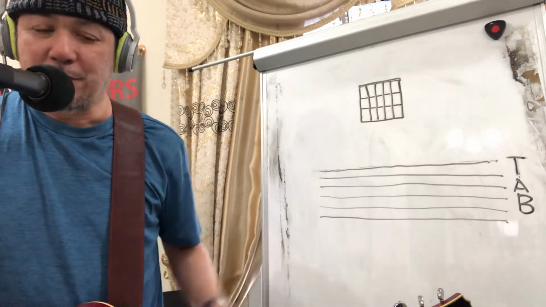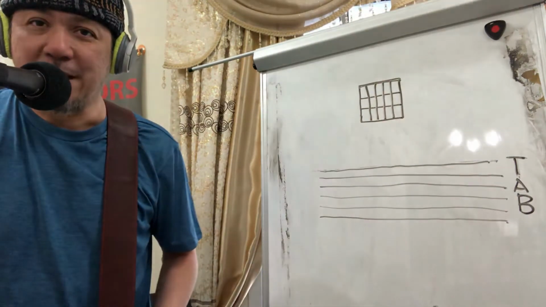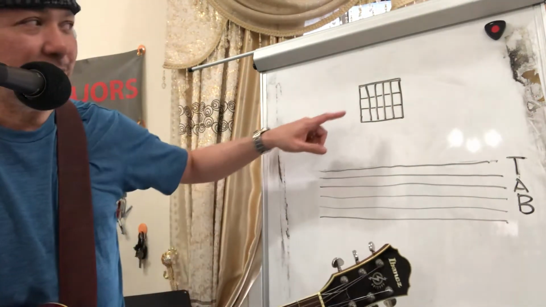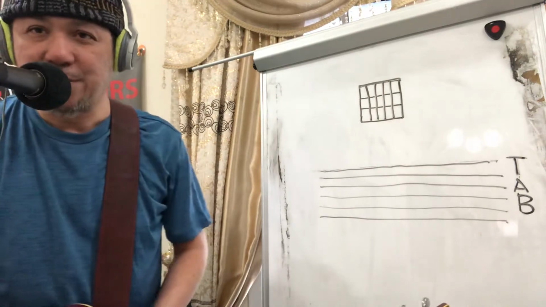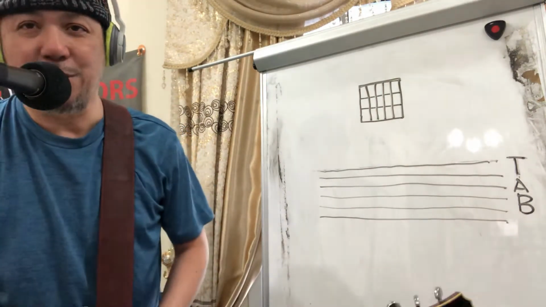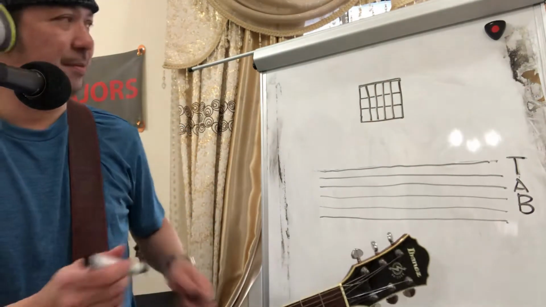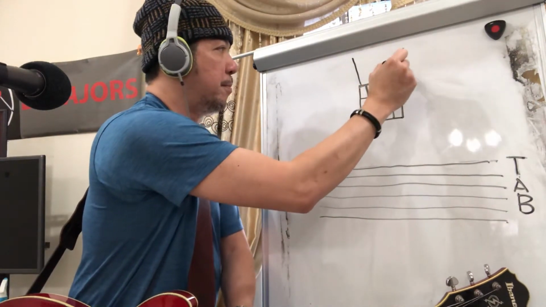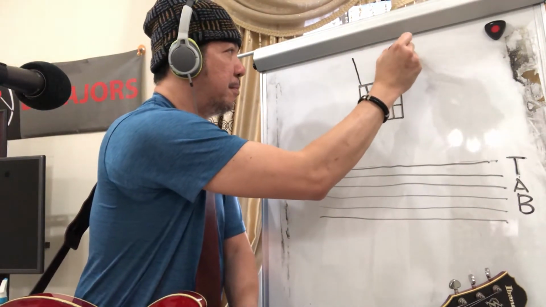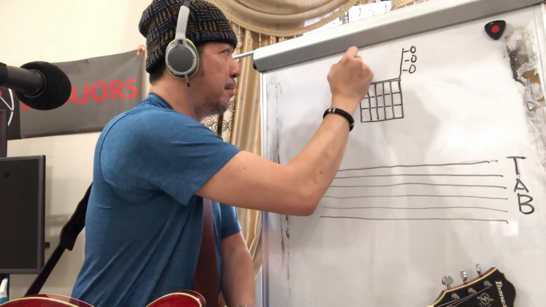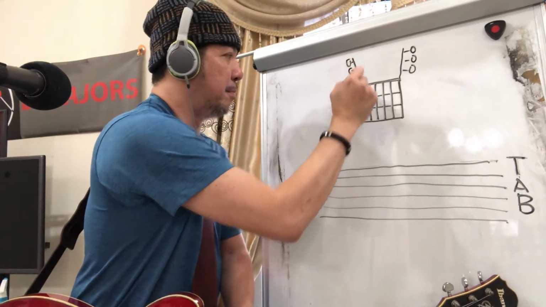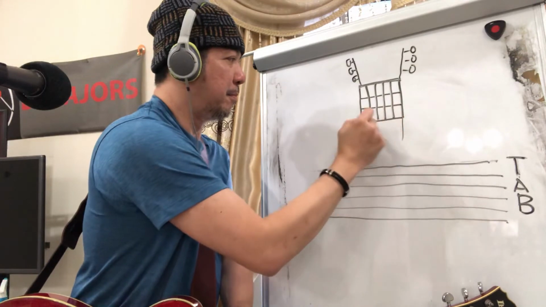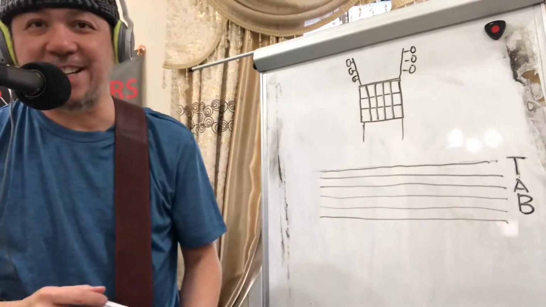So kung babalikan natin yung lesson natin sa chord diagram, naalala niyo yung itsura, no? Ito. And in order for us to visualize it, I drew something like this. Right?